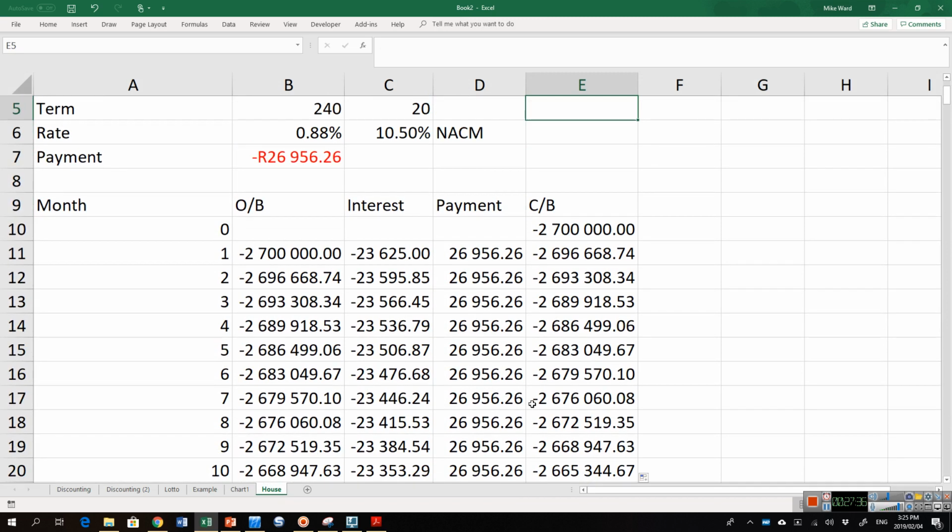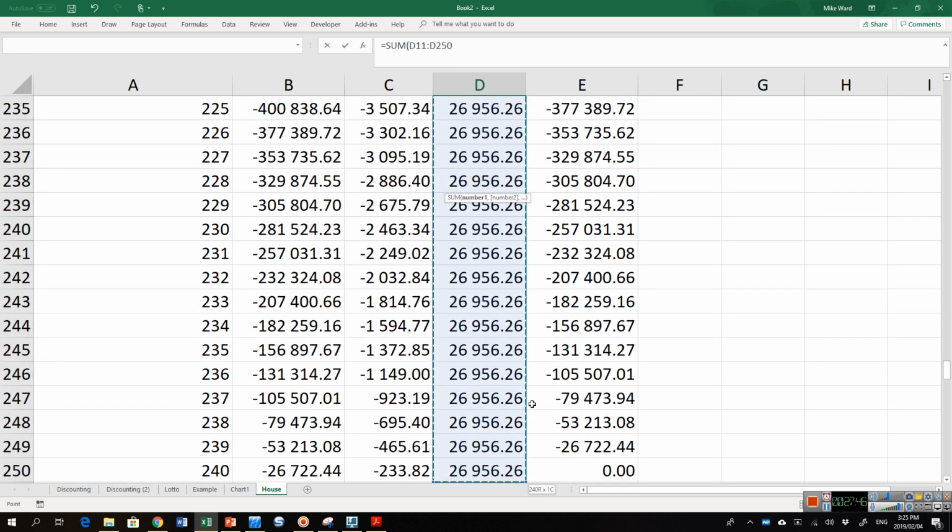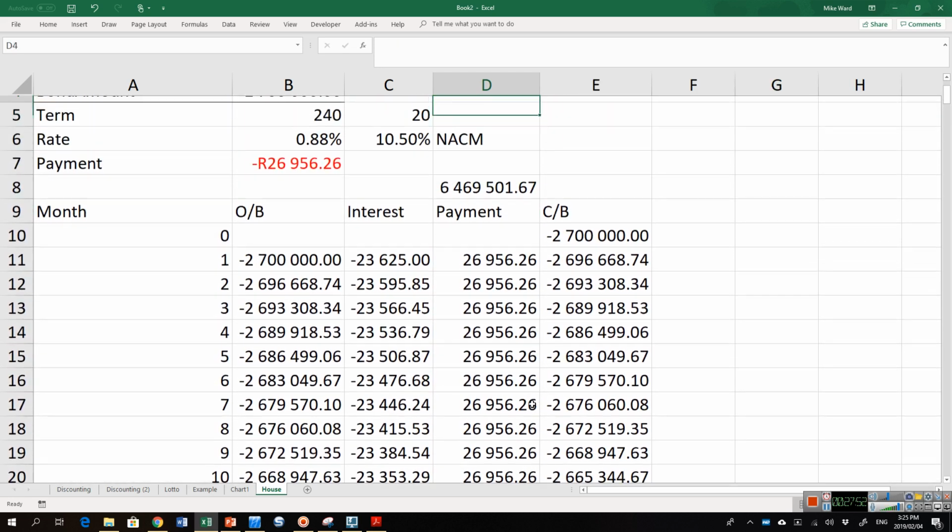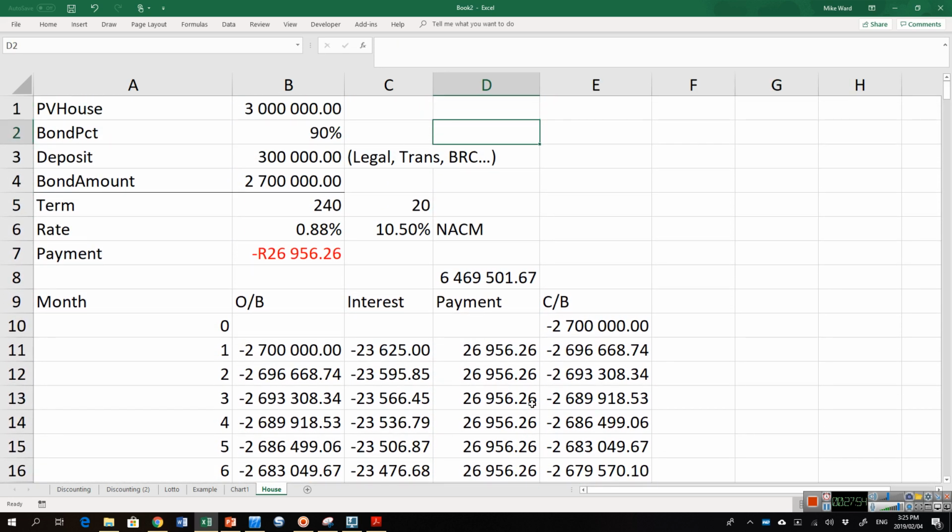Now, let's just look at a couple of things. Sometimes people say to you, well, if you add up all your payments that you've made over whatever this was, 20 years, what does it come to? Well, we can do it, and it comes to 6.5 million or something, but that number is meaningless because we haven't taken into account time value.